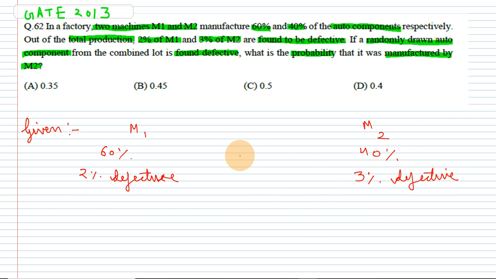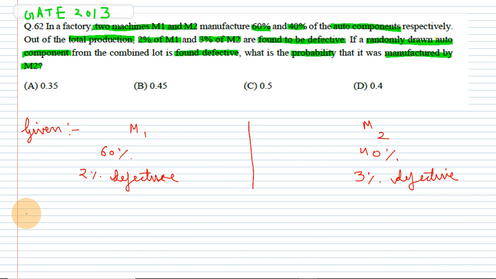They have asked, if we draw one auto component and it is found to be defective, what is the probability that the defective component is from M2.